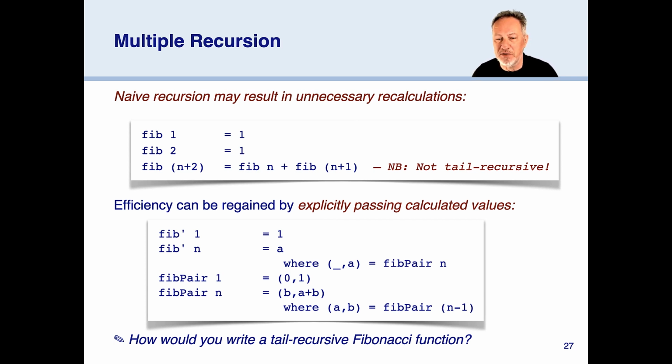It always computes a pair of Fibonacci numbers. Remember, we did the same thing in our PostScript implementation of Fibonacci, where we were always computing a pair of Fibonacci numbers and jumping up to the next pair, and that computation is linear. So the first Fibonacci pair is 0, 1, and the nth pair is b, a plus b, where a and b is the n minus 1 Fibonacci pair.